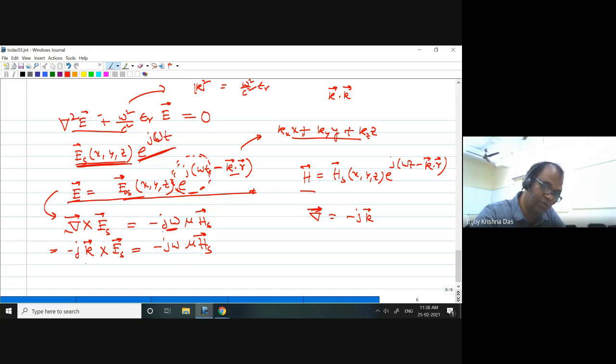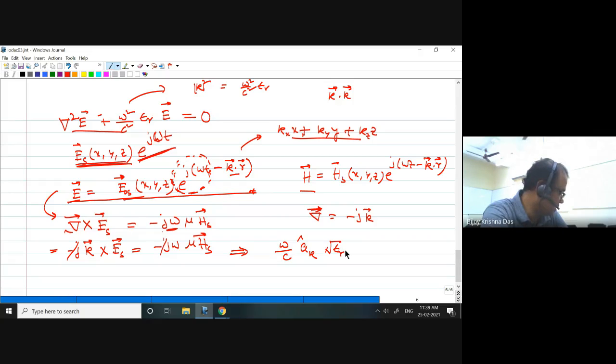If you solve a little bit, substitute the k value here. The minus j cancels. I can write k equal to omega over c times a unit vector along the k direction, which we write a_k, and of course if it is a material medium, square root of epsilon r will be there.